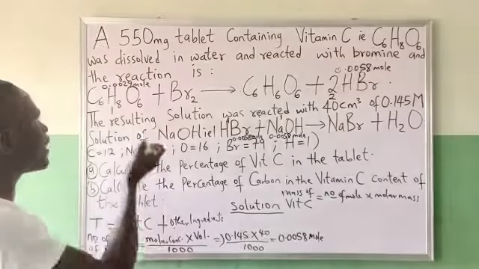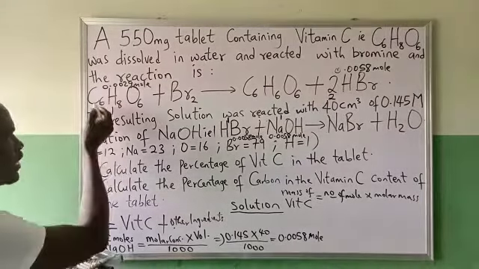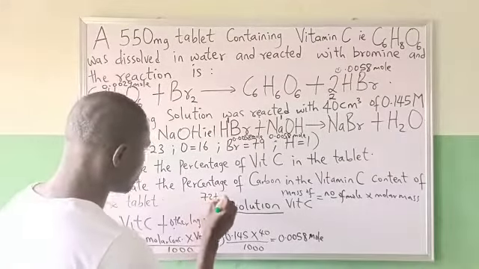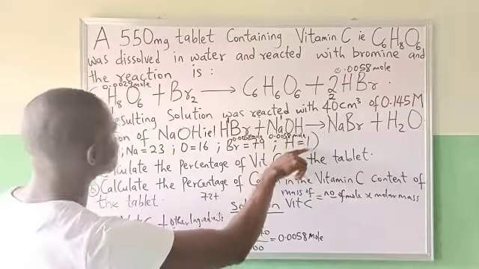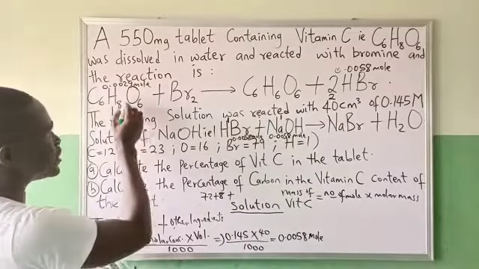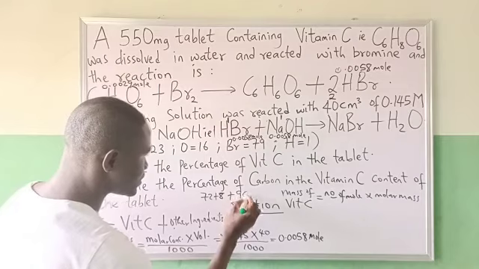Now let's get the molar mass of vitamin C. Carbon was given to be 12. 12 times 6, that is 72, plus hydrogen was given to be 1, that is atomic mass is 1. 1 times 8, 8. Then oxygen, the atomic mass is 16. 16 times 6, 96.